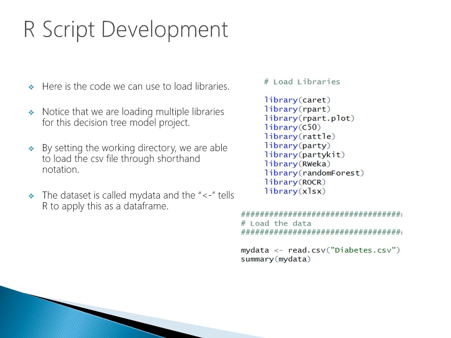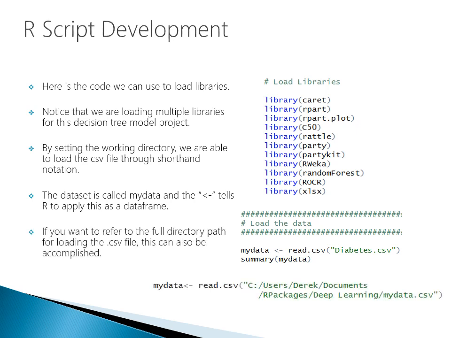I didn't write an equal sign. I wrote this less than and dash sign, and that's the standard notation that you're going to be using when working in R. And then if I want to perform work on this table, then I can start to invoke other functions such as the summary function. Now we don't have to do the shorthand notation, the read.csv and then just diabetes.